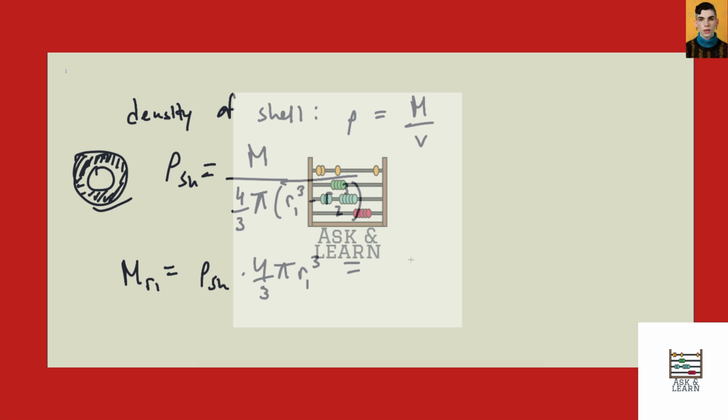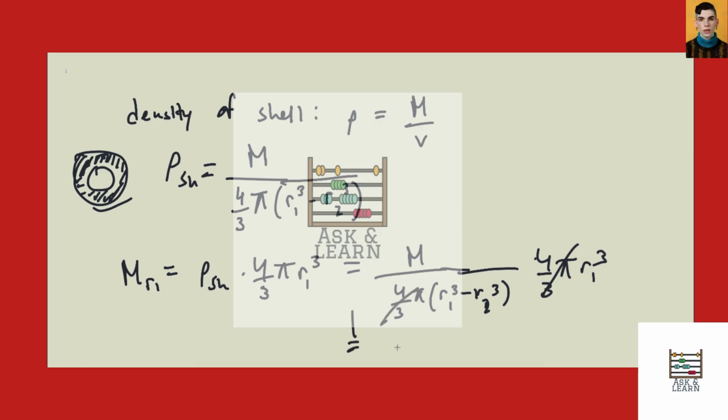Therefore, you put in the density of the shell, rho shell, which is M over 4/3 pi (R1 cubed minus R2 cubed), times 4/3 pi R1 cubed. The 4/3 pi's cancel, giving us M R1 cubed over R1 cubed minus R2 cubed.